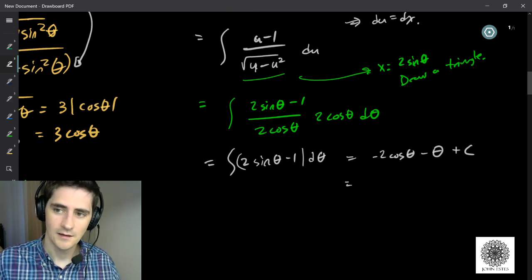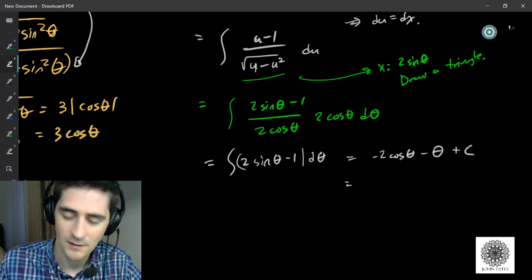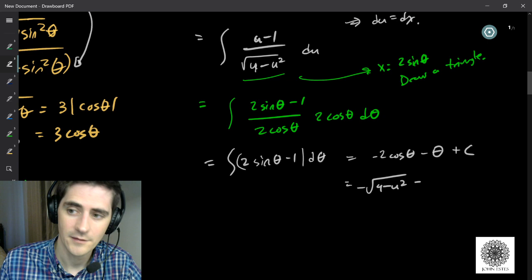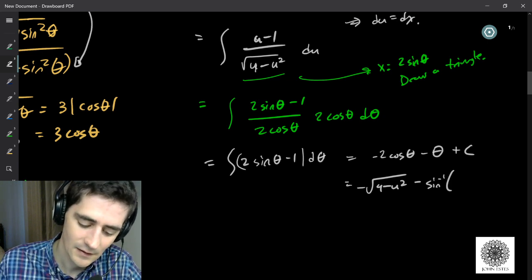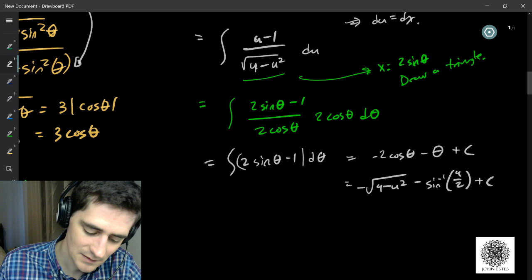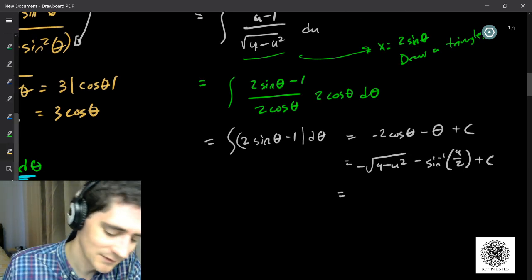And so the cosine theta from my substitution becomes negative square root of 4 minus u squared. The theta, I'm going to have to use a sine inverse. So I have sine inverse of u over 2 plus c. And now I convert finally back into x's.